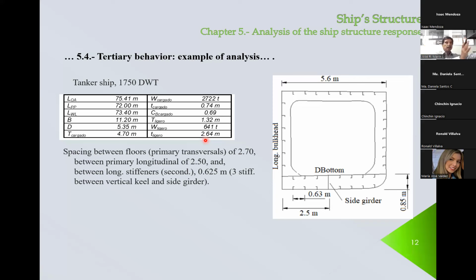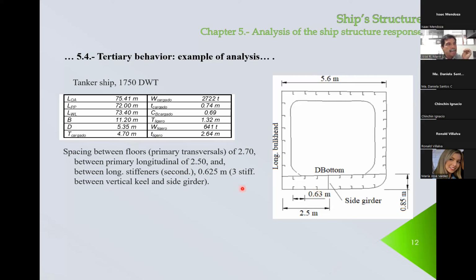So every 2.7, you have a strong transverse frame, and that's what we call a floor. 2.7. Between primary longitudinals, it's from here to here. So this is the side girder, 2.5. Longitudinal stiffener: from here to here you got 2.5, you got 3 of these, so the spacing between is 0.625. Here it's just 0.63 because I needed more space.